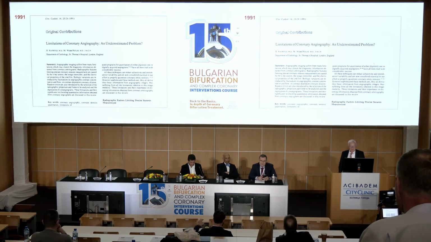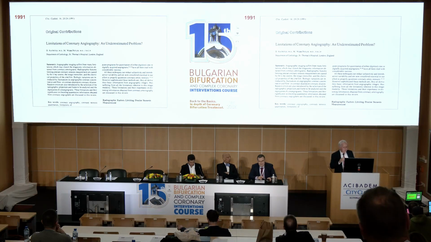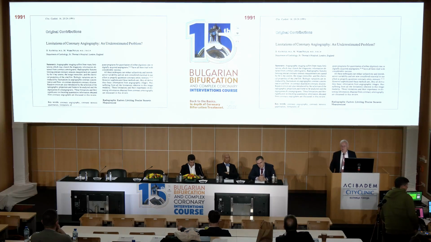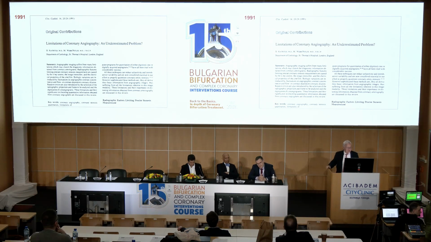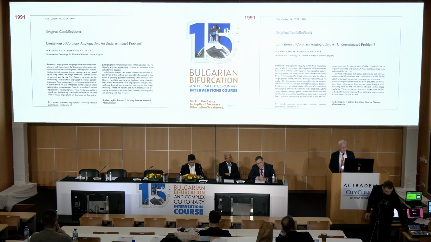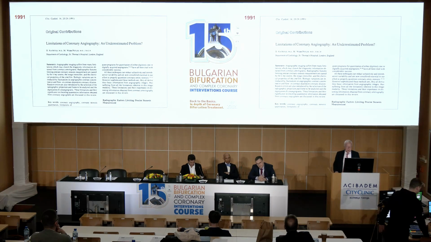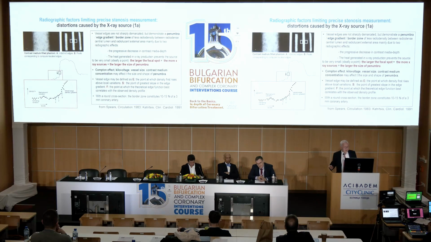So I made some archaeology. It's a paper of 1991. I was already stenting patients, with a paper dedicated to limitation of coronary angiography, an underestimated problem, still underestimated today. At the top, you see a phantom field of contrast.